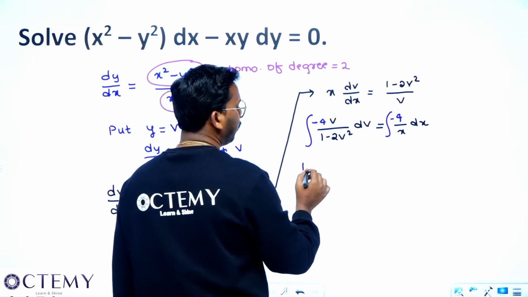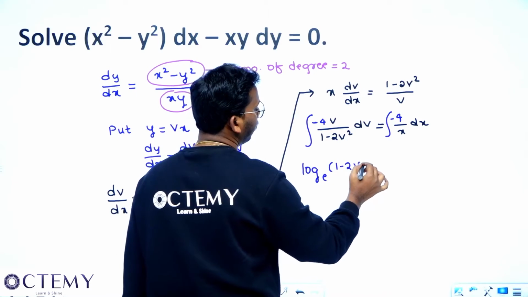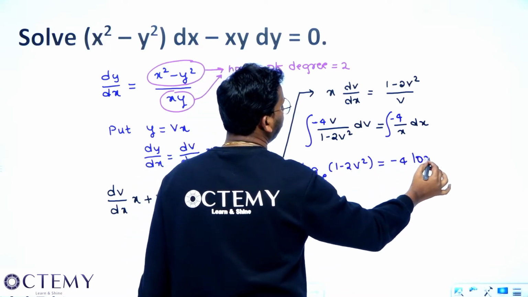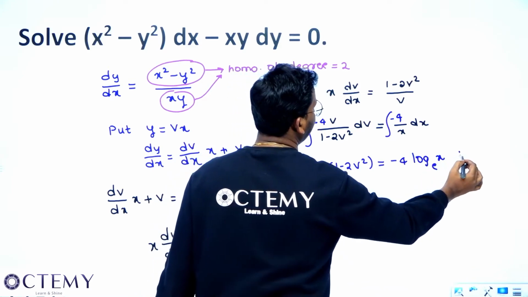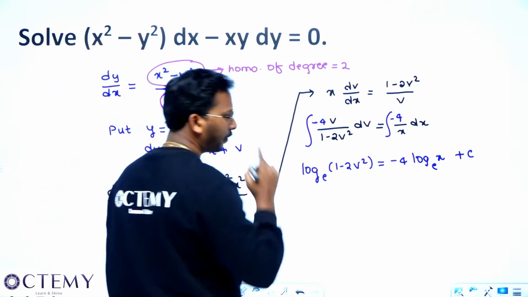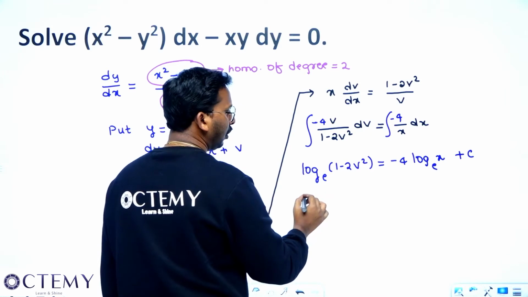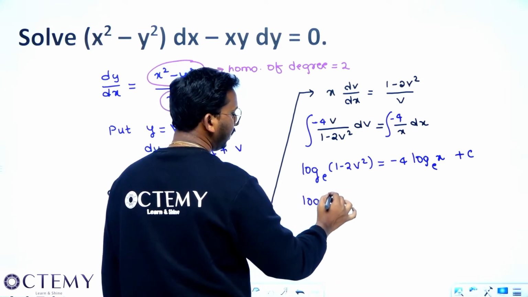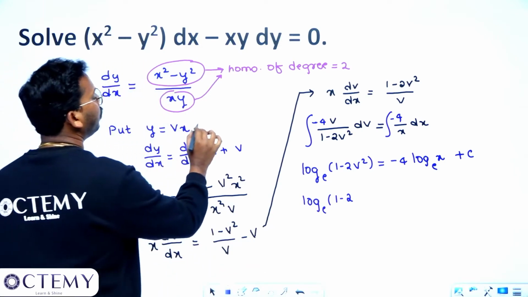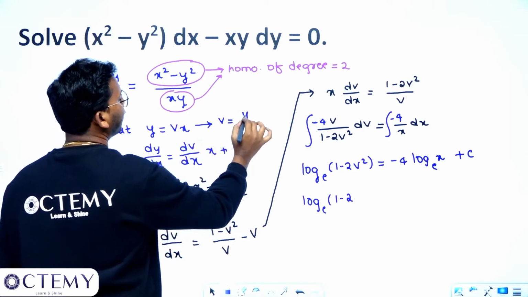So what will this become? This will simply become log base e of 1 minus 2v square is equal to minus 4 log x base e plus c, right? So see, sir, what will this become? If I write it as log base e of 1 minus 2 v square, from here, if I want to write v, I can write v as y by x.